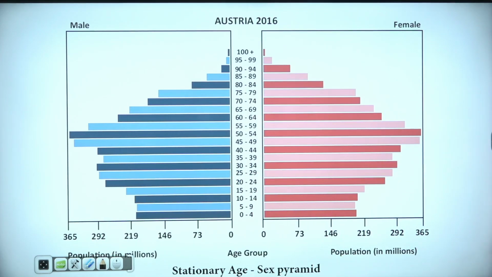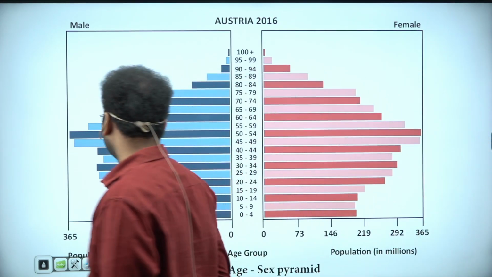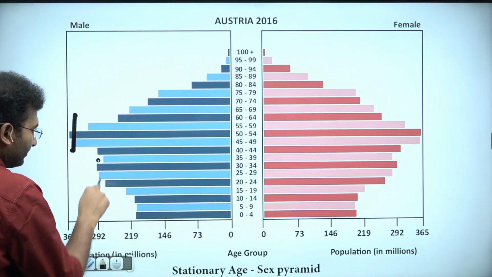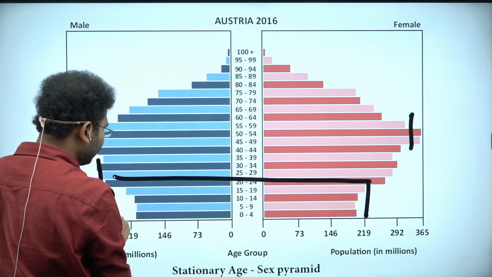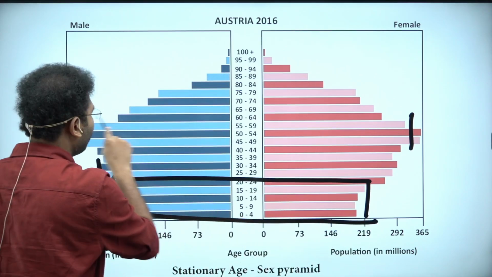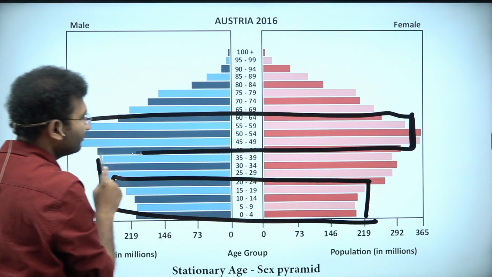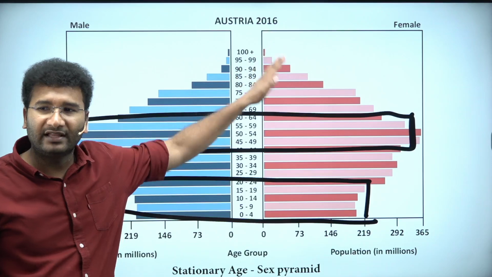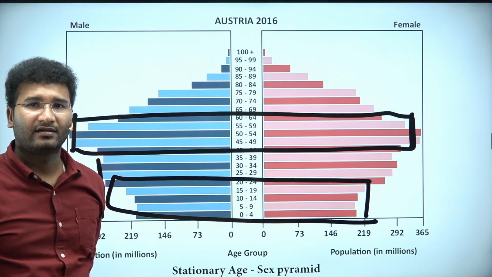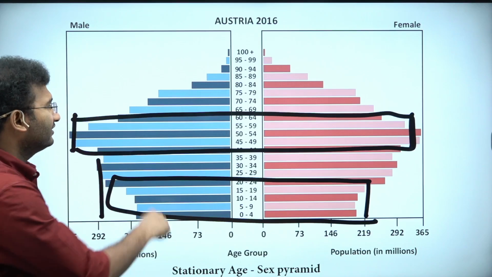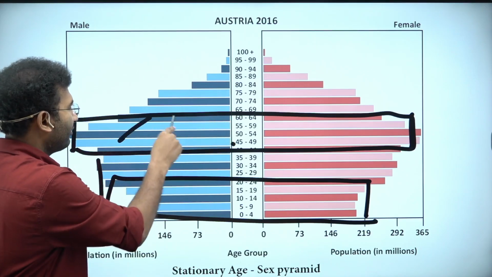This is called stationary. Stationary means, can you see the middle-aged population, the young population? Here the young population is less and the middle-aged population is more, and more or less all the age groups have a similar kind of population. Look at this 45 to 60 years population.